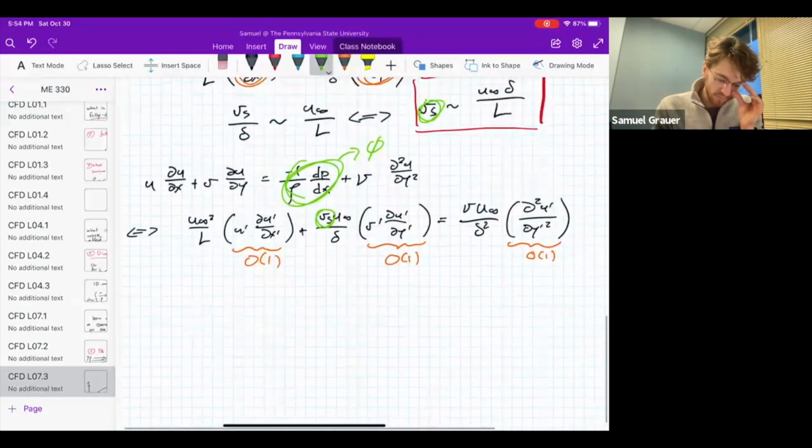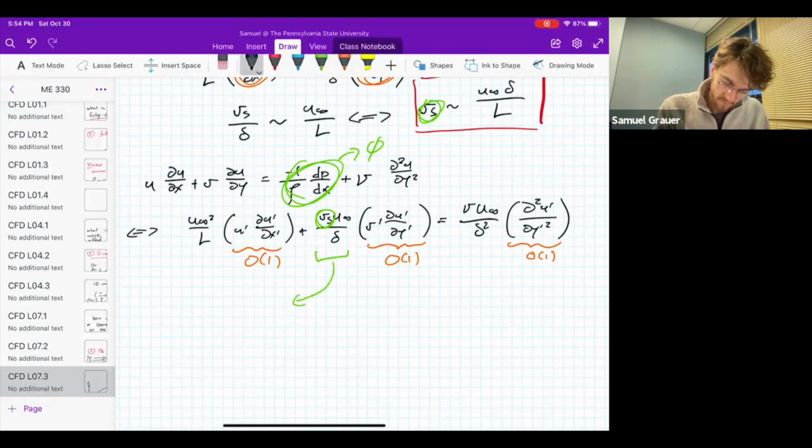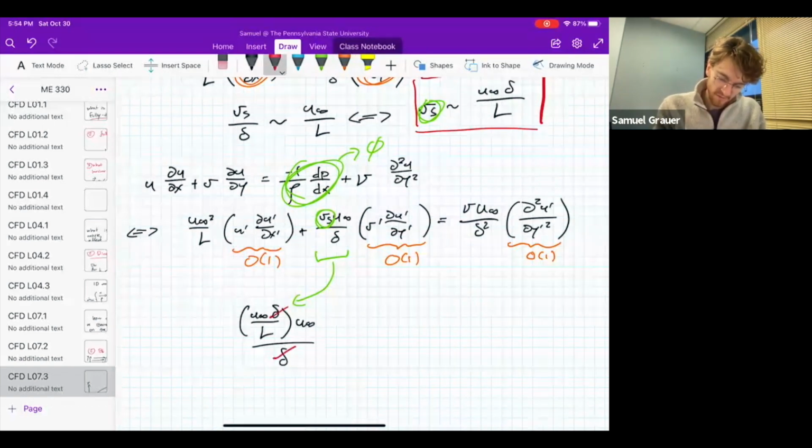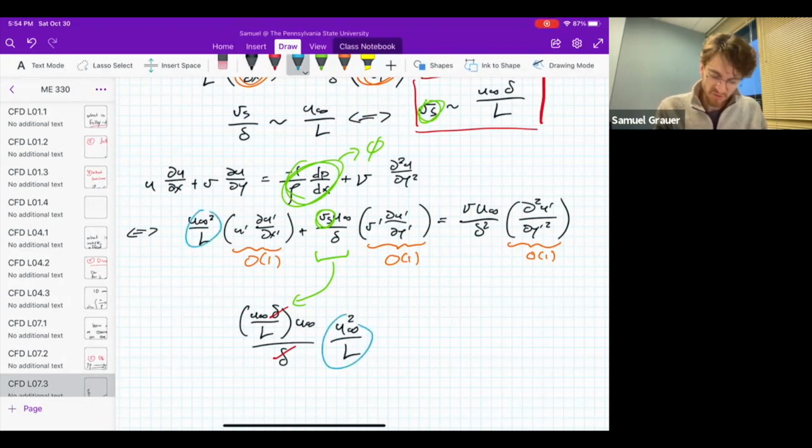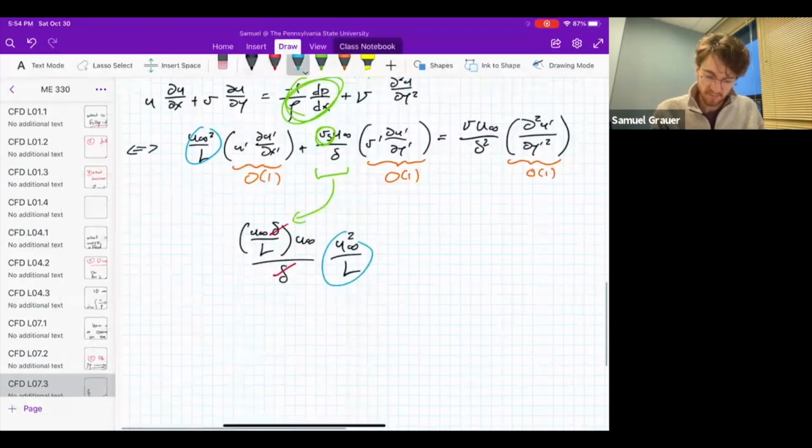So if we substitute vs into this expression, we're going to have u infinity delta over L times u infinity over delta. So the deltas are going to cancel, and the u infinities are going to be squared, and we're dividing by L. So this is u infinity squared over L, which conveniently is going to match the coefficient from the other expression.